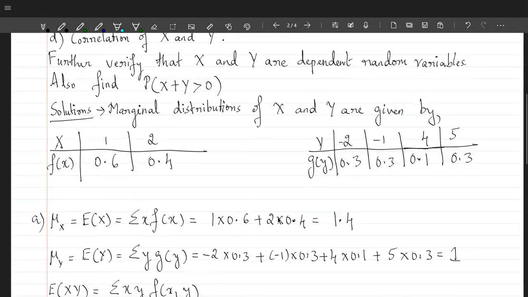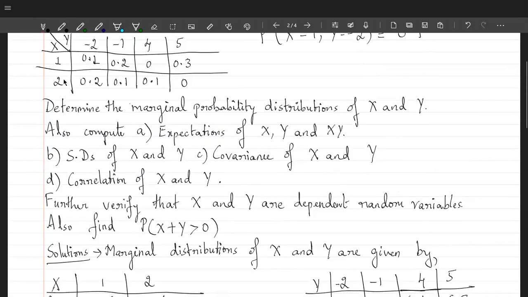Like that, if you continue, you get 1 into 5 into 0.3. Then 2 into minus 2, minus 4 into 0.2. 2 into minus 1, minus 2 into 0.1. 2 into 4, 8 into 0.1. And obviously the last value will be 2 into 5 into 0.